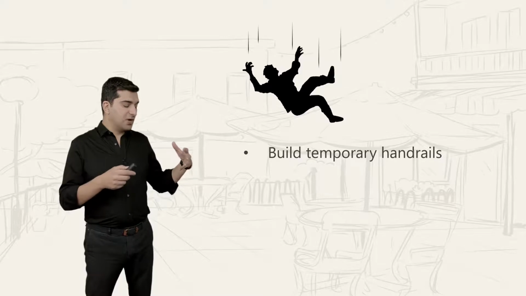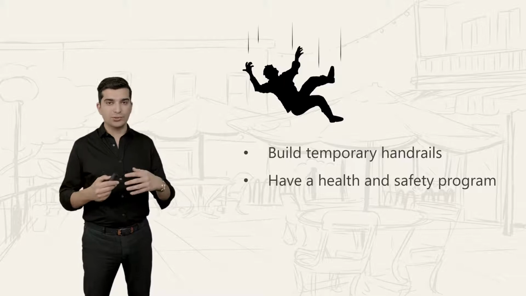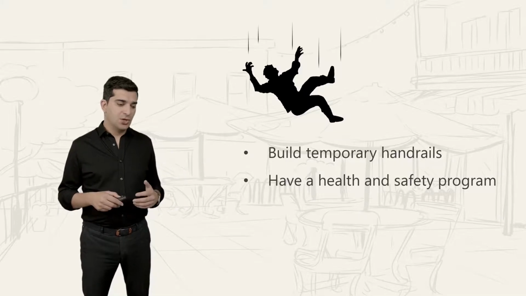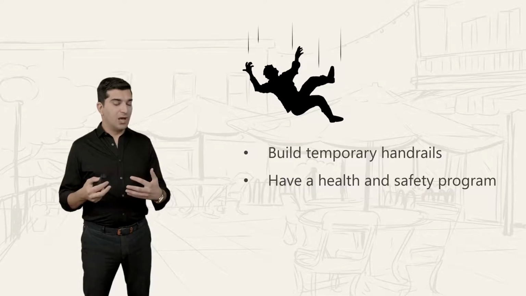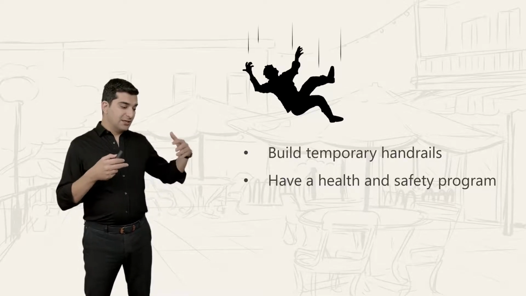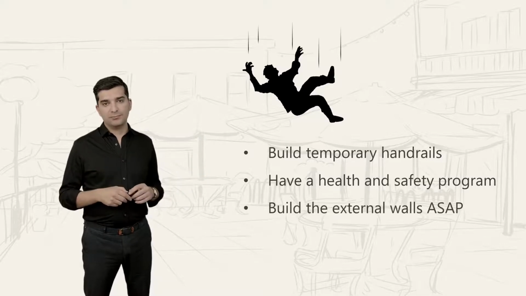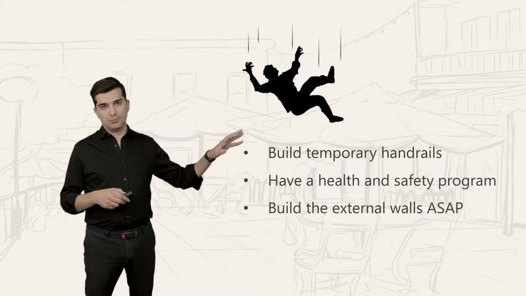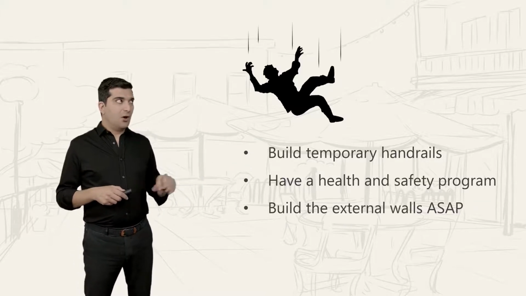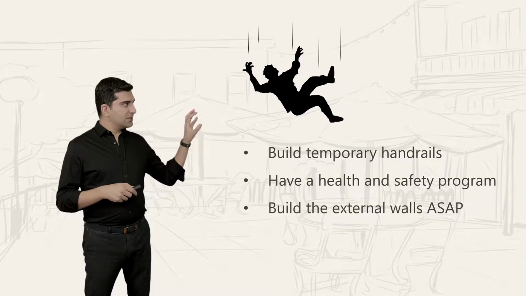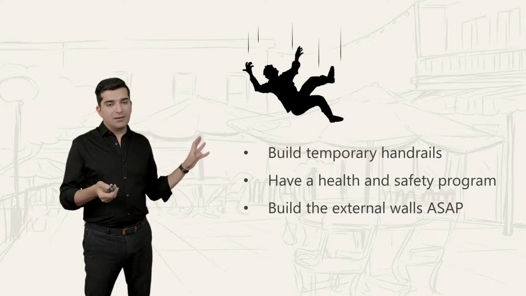The other thing is to have a health and safety program to teach people how to work in order to prevent accidents. Maybe we can change our schedule somehow to make sure that the external walls are built as soon as possible, because when we have the walls, then people won't be able to fall down. And all of these can reduce the probability of that risk happening, but still maybe the risk happens.